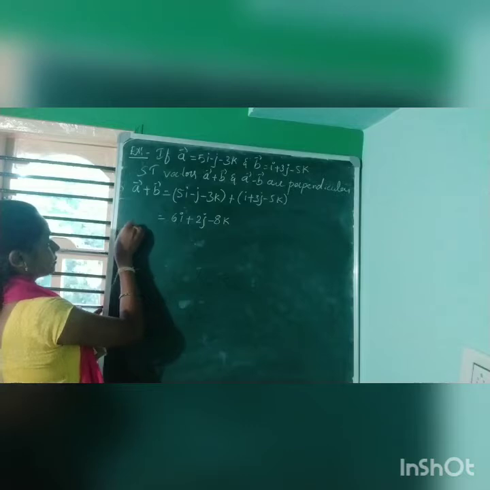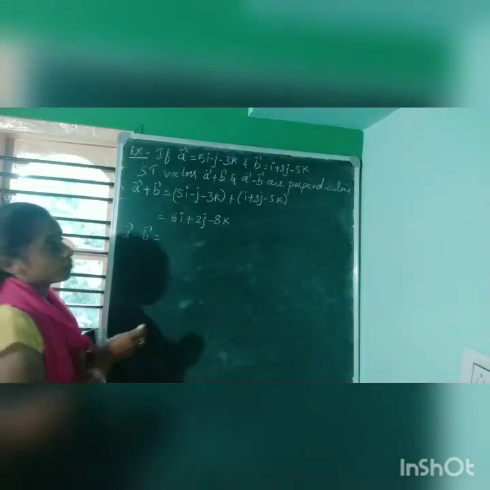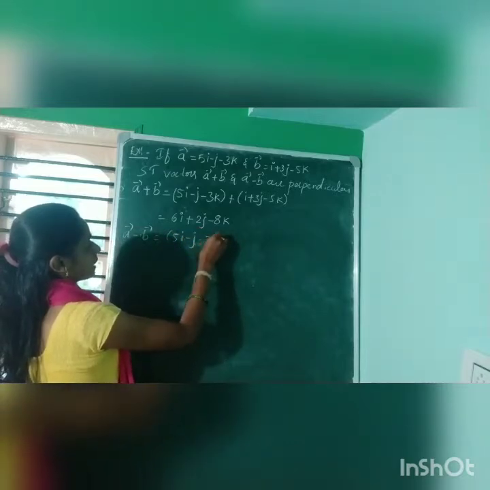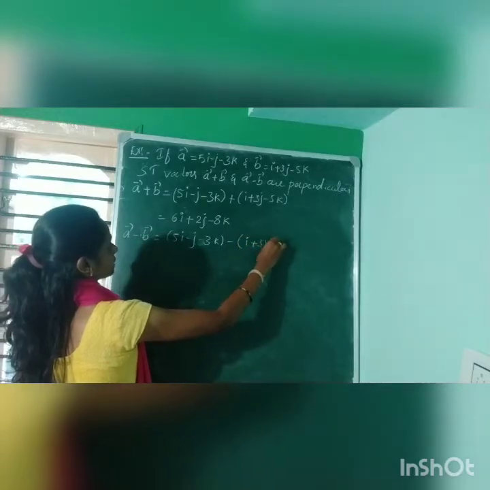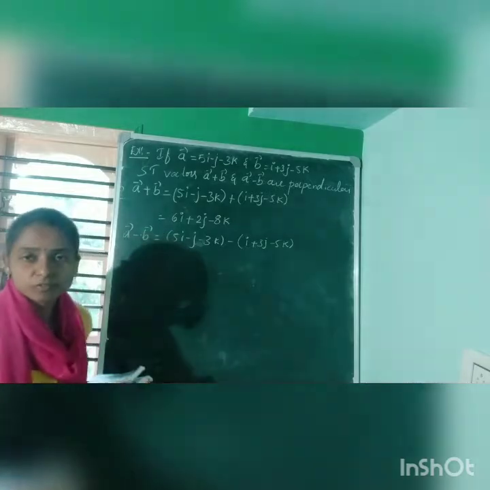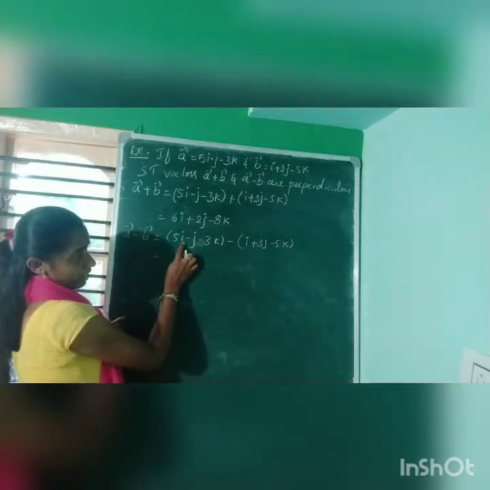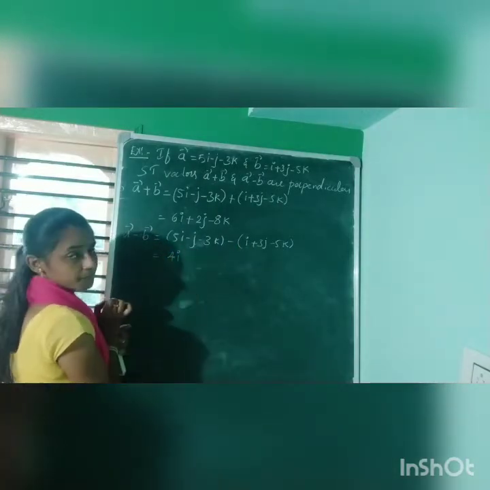Now I'll go with the difference of these two. Vector A minus vector B is 5i minus j minus 3k minus i plus 3j minus 5k. While taking a difference, you should be careful with the plus and minus, okay? Here is 5i minus i, which we can write as 4i.